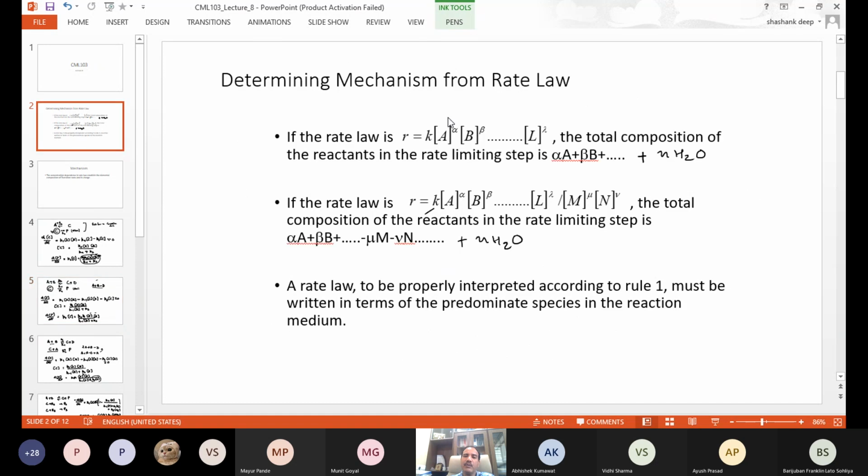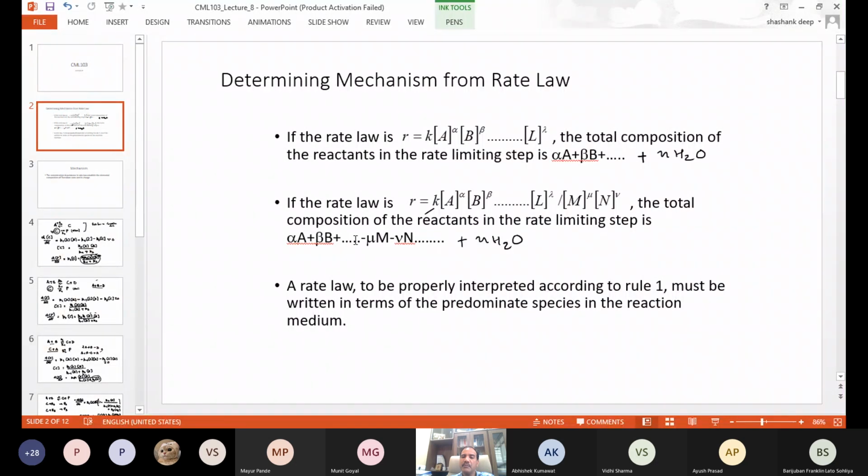Now I can go back and look again at the law which we have written. If the rate law is R is equal to this, the composition of reactant in the rate limiting step is alpha A plus beta B. If there is power 1 here, alpha is 1, beta is 1, then composition will be A plus B. That's what we got. Am I right? If the rate law is K A alpha B beta into L lambda divided by M mu and nu, now what will be the composition of the reactants?